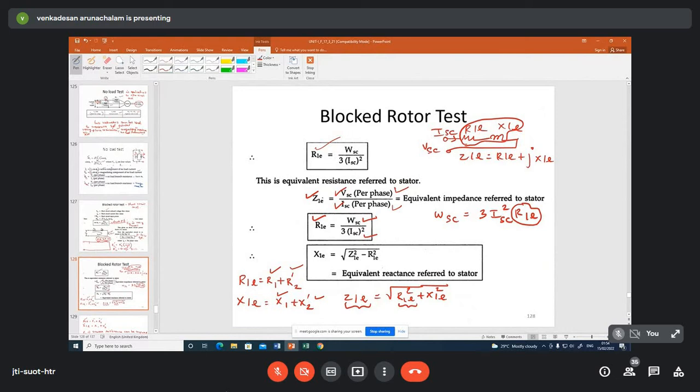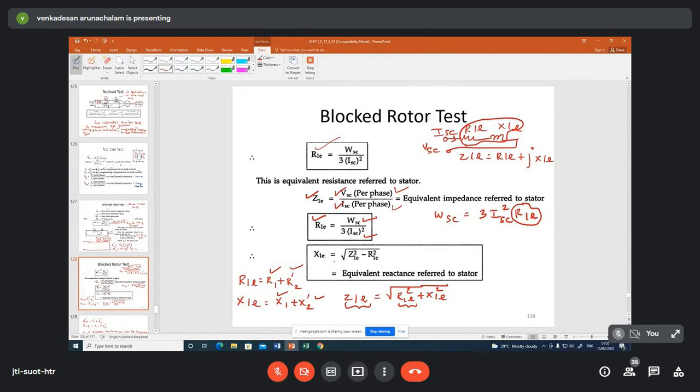And what is Z1E? That is the total impedance of the circuit. Z1E is nothing but short circuit voltage by short circuit current. And already we know the value for R1E, that is WSC by 3 ISC the whole square. So X1E you can get by taking the root of Z1E the whole square minus R1E the whole square.